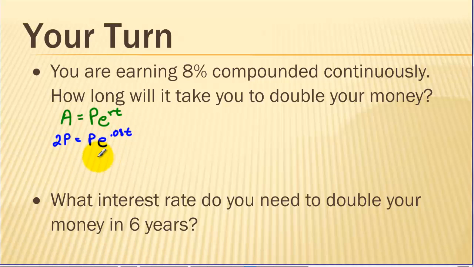So we have an exponential function, so we want to get the exponential part by itself. So that gives us this exponential equation. Now we could either log both sides, or we can rewrite it as a logarithmic function. So let's take the logarithm of both sides. So we'll take the natural log of both sides. Now using our logarithm properties, the log of a base to a power just gives us that exponent.